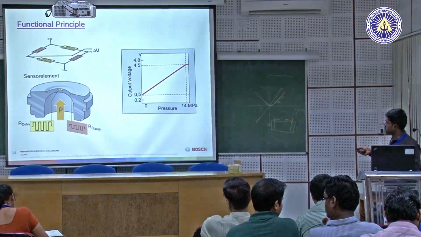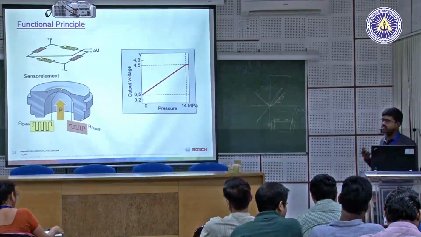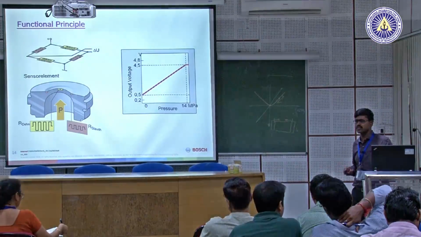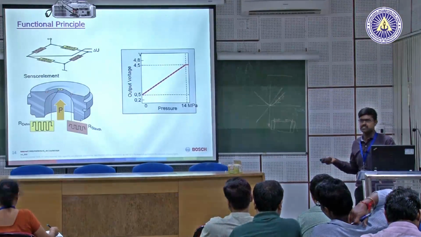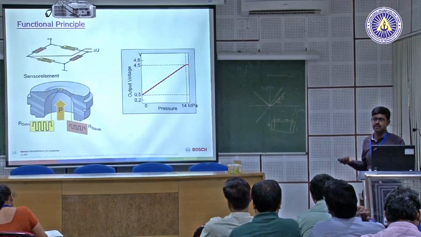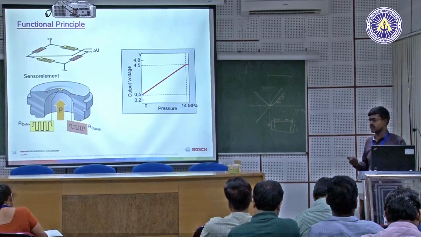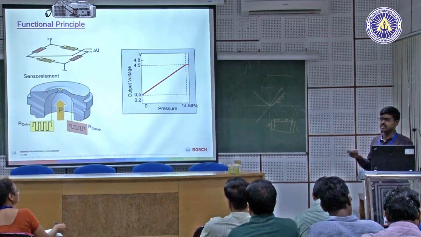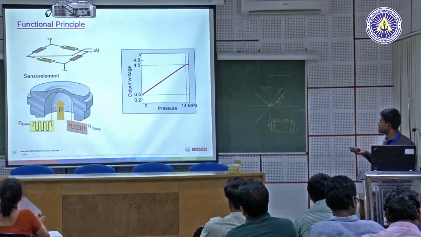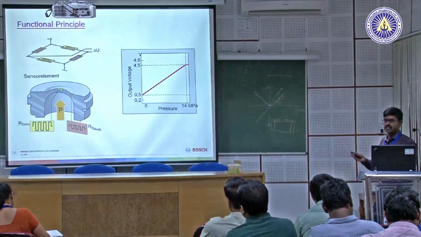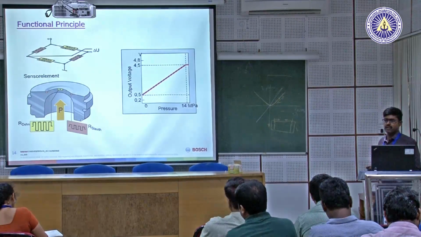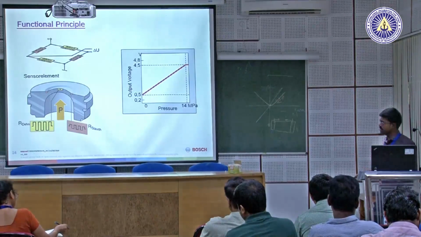Only the thing is, for a low pressure sensor we use silicon micro membranes. Here we use stainless steel membranes to withstand those pressures. That's the difference, and the design varies with the mounting position or location.